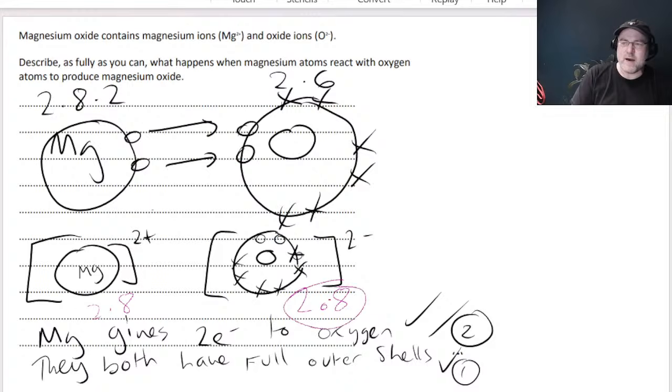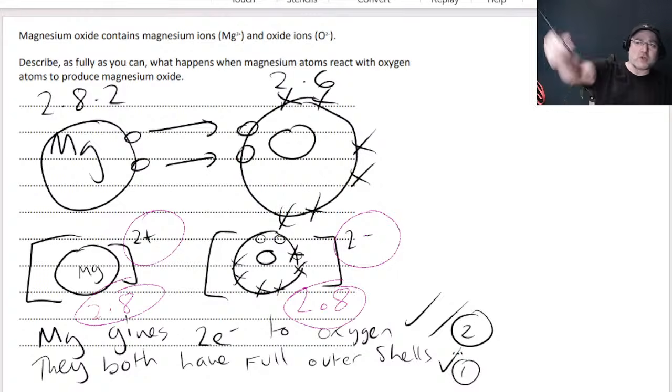So they're going to have identical electronic structures. You could point that out. Normally I would definitely say magnesium will be a 2+ ion and oxygen will be a 2- ion, an oxide ion, but they've already told us that, so we probably won't get marks for that. Cool. Right, let's bang on and do some practicals.